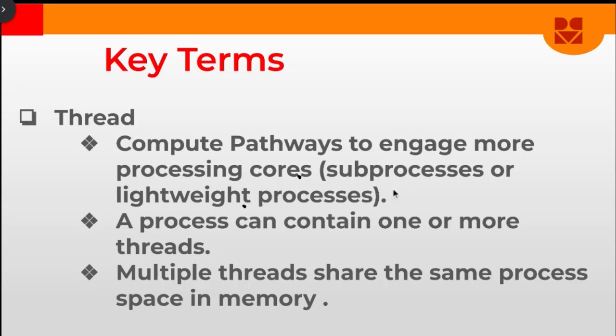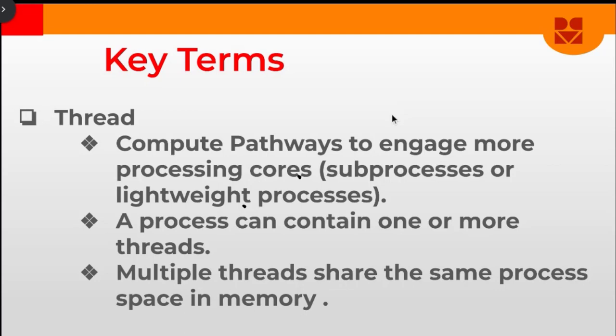So let's say you have a process executing a huge task, and this task also has subtasks under it. Instead of these subtasks waiting until the main task gets executed, it generates other paths, right?